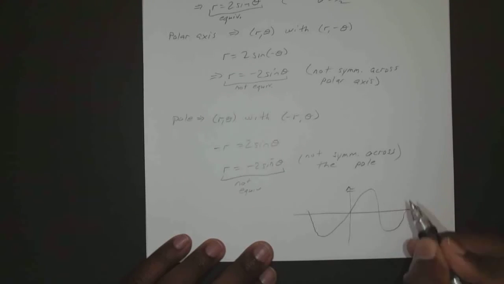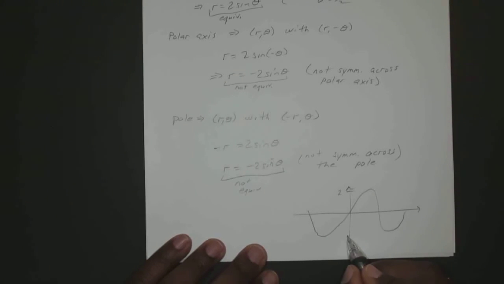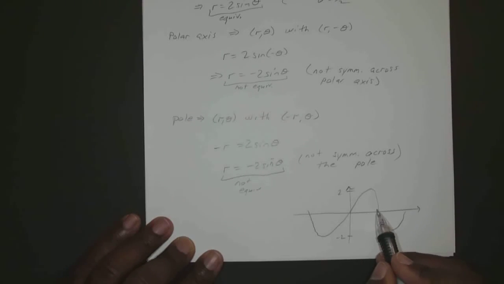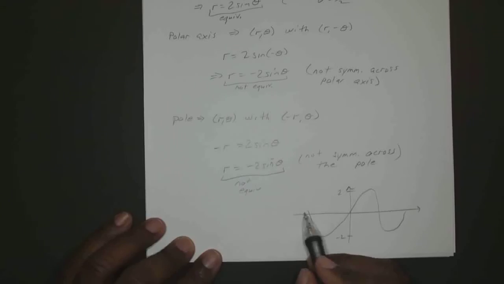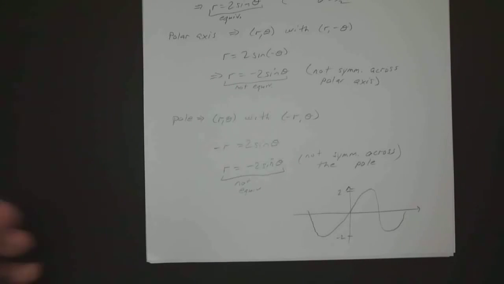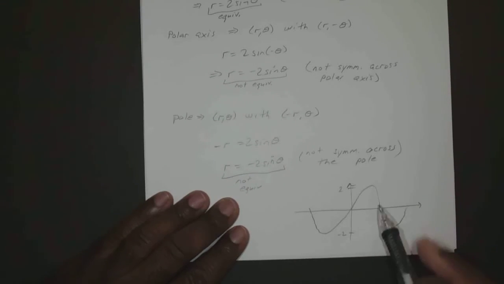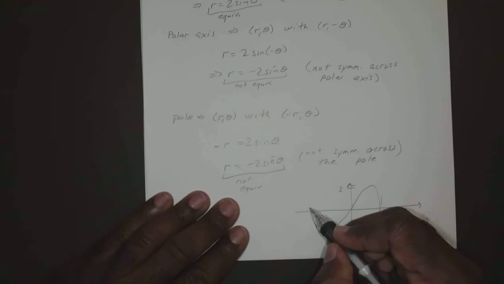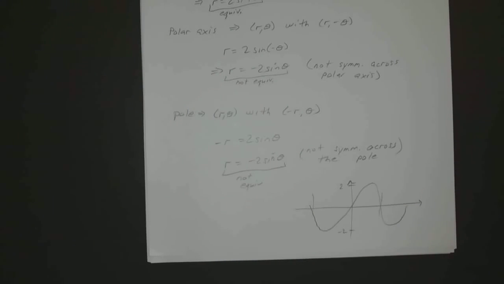Okay, so if it's 2 sine of theta, you have an altitude of 2. So really it just means that if you flip it across the y-axis, and then flip it again across the x-axis, you get the exact same thing. But if it shifts left or right, that may alter it a little bit.